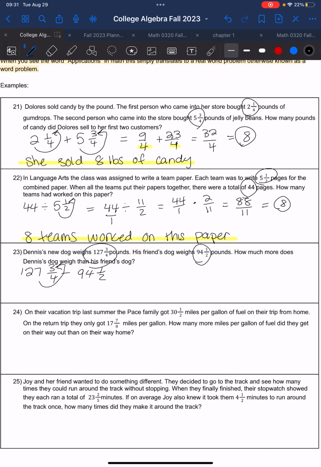First thing we got to do is turn these into improper fractions. So I'm going to take 127 times 4 and add 3. That gets me 511.